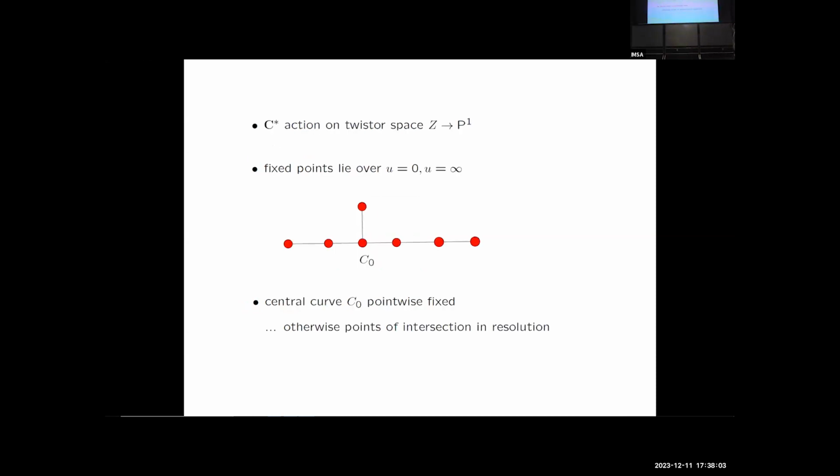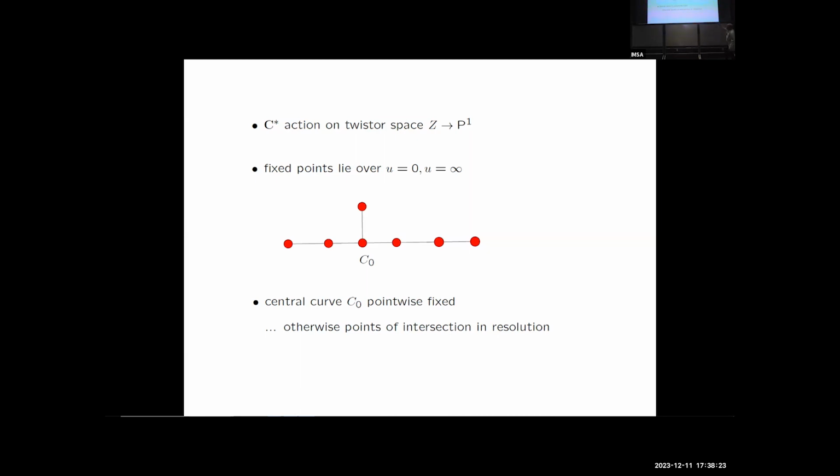Now let's look at the points over 0 and infinity. The C star action preserves 0, so it acts, of course, on the resolution, that's what we started on, and it acts on this whole configuration.